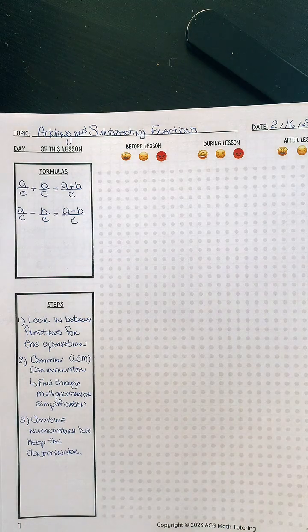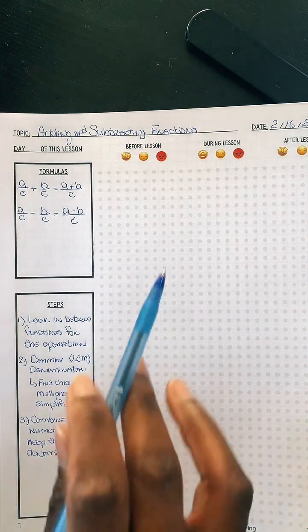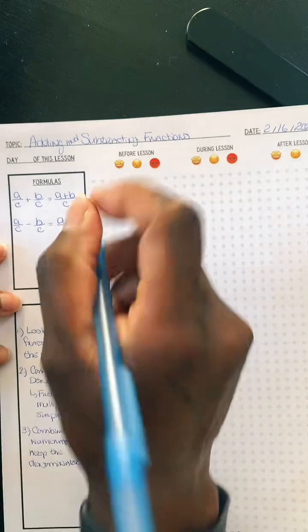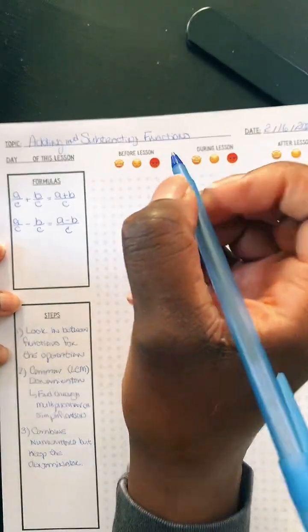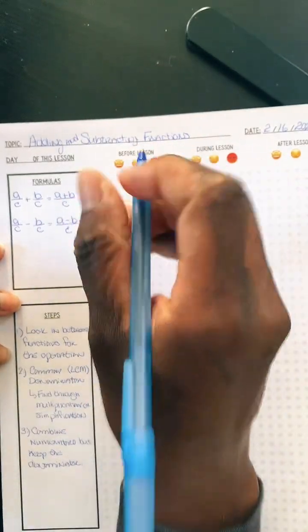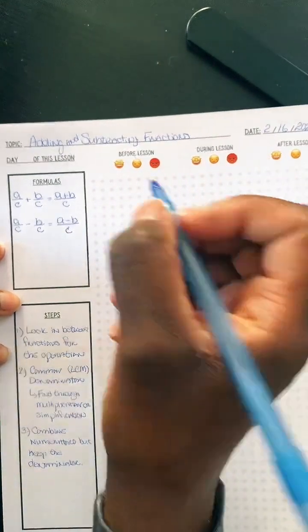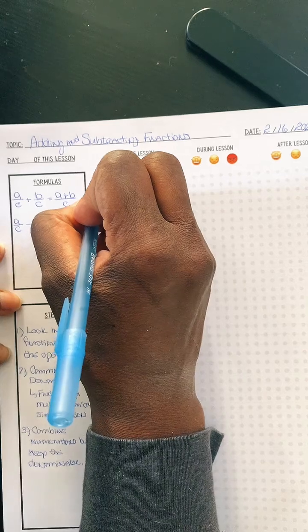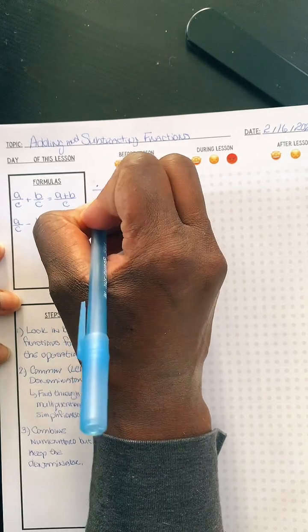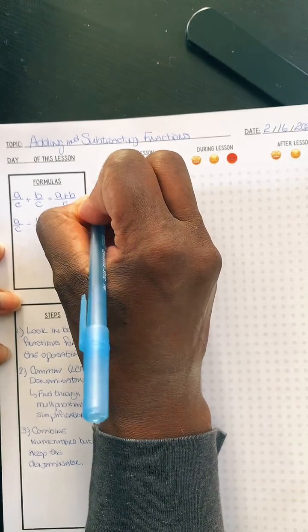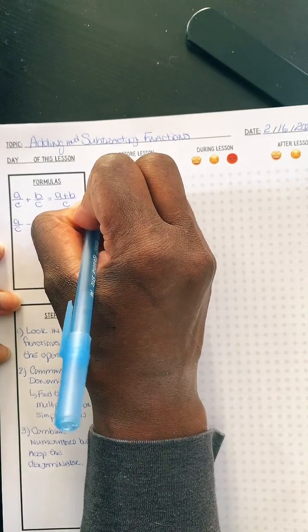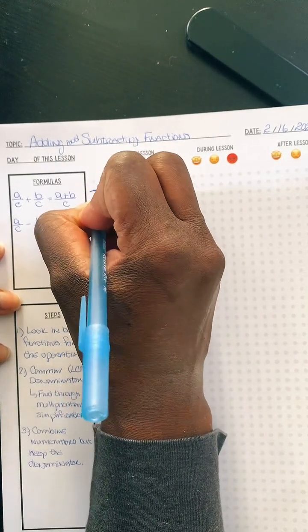All right, so we are going to be looking at adding and subtracting those fractions. Now, the key thing when you're dealing with fractions, and this is what kind of opened me up, is that a fraction is just another way of doing division. If you look at the division sign, there's a fraction bar and then there are two dots.